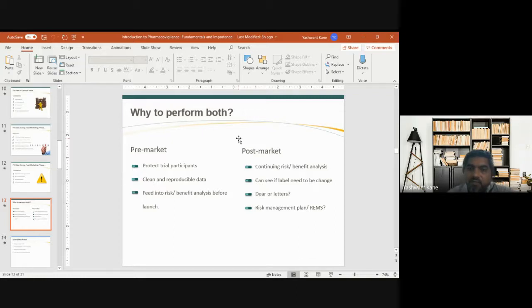We can see if the label needs to be changed, because if we are feeding incorrect data on the label, or if a change is required but we are ignoring it, it may result in risk to the patient, to the doctors, et cetera. Whenever we have large communications about the drug, we can also send out dear doctor letters. Have you heard of any dear doctor letter?